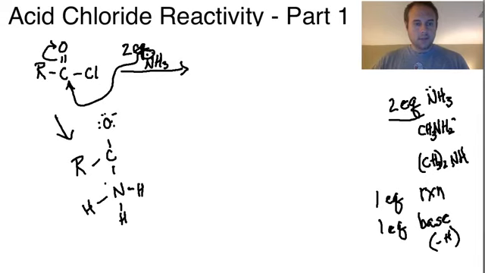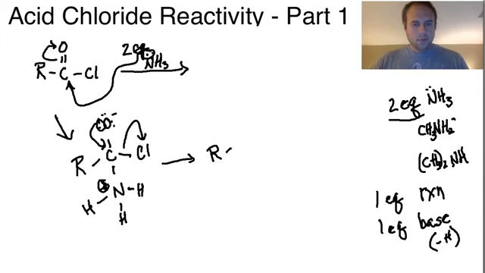Remember to never toss out protons until you've shown what's happened to them. This is a plus on the nitrogen, not a carbocation. And then we've got the chlorine, right? The chlorine's going to leave. This is going to come back down. And then the amide is going to be a protonated amide.